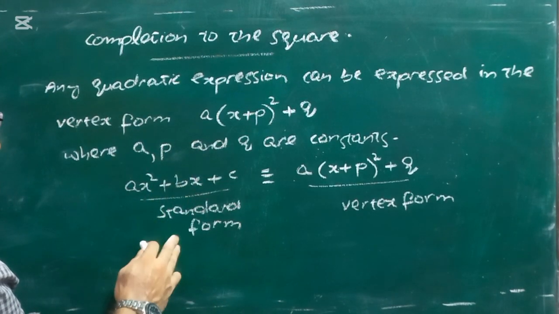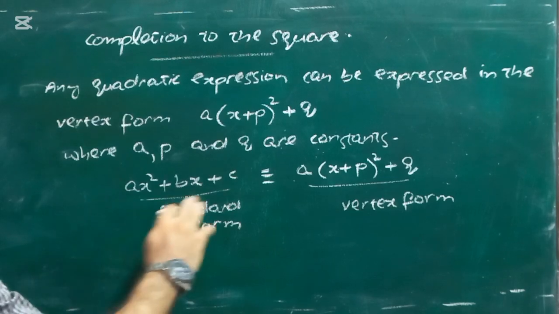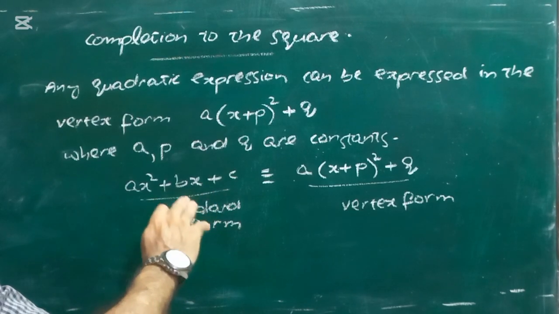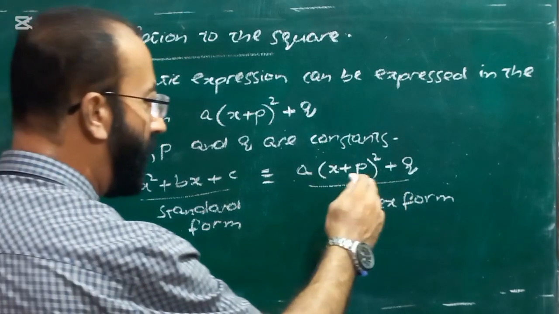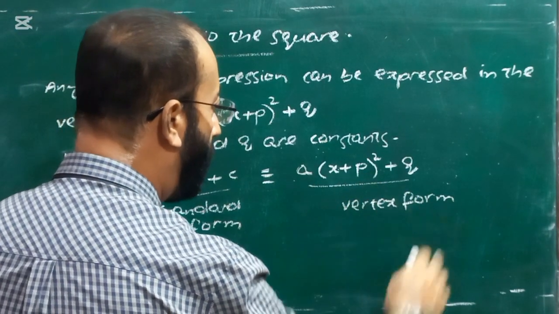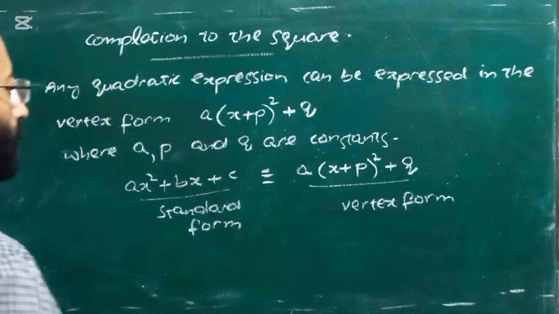This is called the standard form. And this quadratic expression can be written in this form: a(x plus p)² plus q. This is called the vertex form.